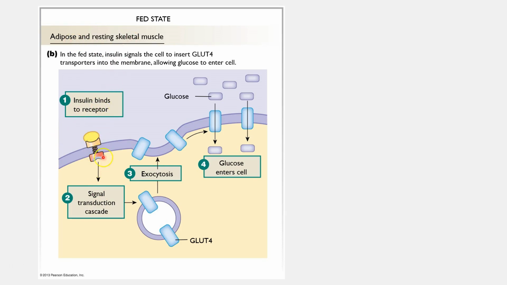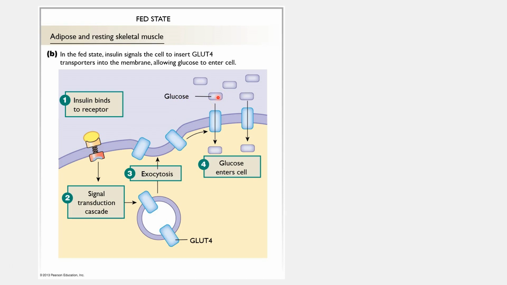When it binds to either one of those tissues, it activates a signaling pathway that culminates in the insertion of glucose transporters into the membrane. These glucose transporters, when they're in the membrane, facilitate the movement of glucose from high concentration in the blood down a concentration gradient into the cell. This is really important because glucose entering the cell lowers plasma glucose levels, and glucose is a toxin in the blood at high levels.